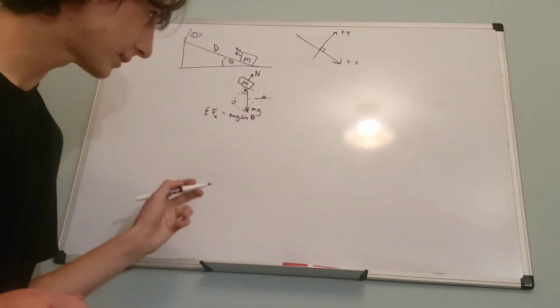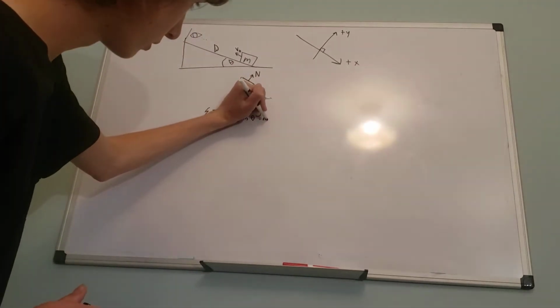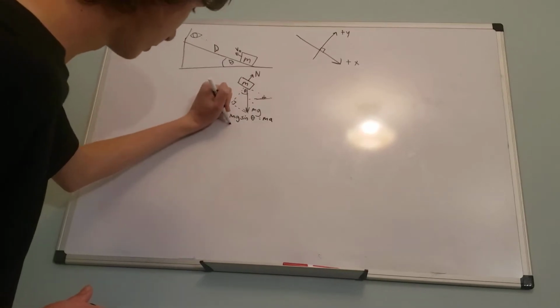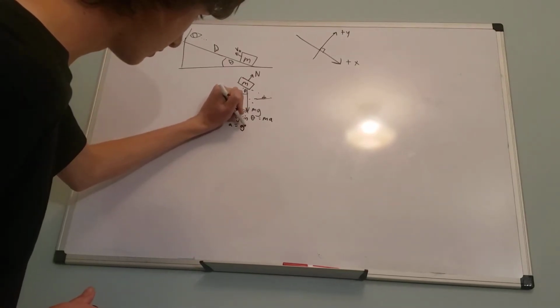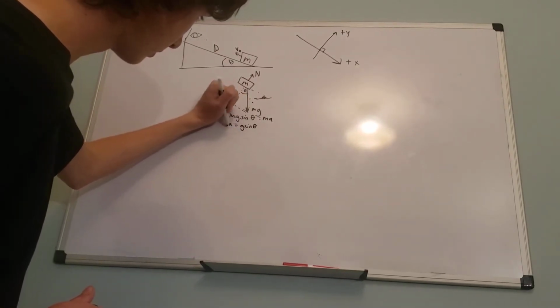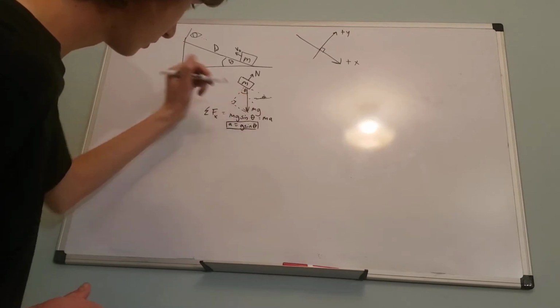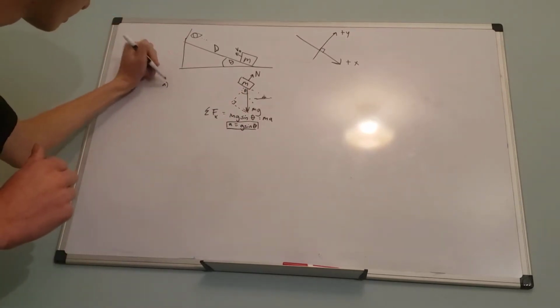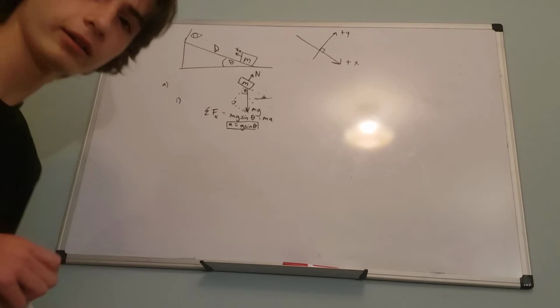That equals mass times acceleration. Therefore, acceleration is g sine theta. That is part A, part I.